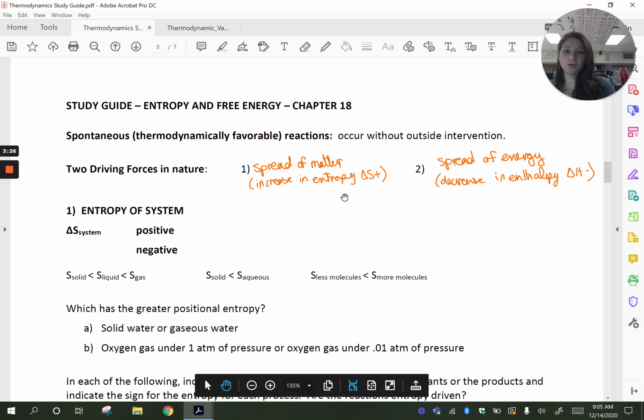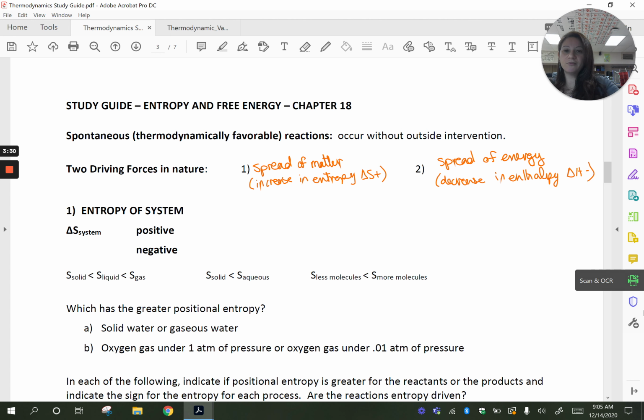So let's first talk about the spread of matter. Entropy of the system, or entropy in general, is a measure of randomness or disorder in a system.